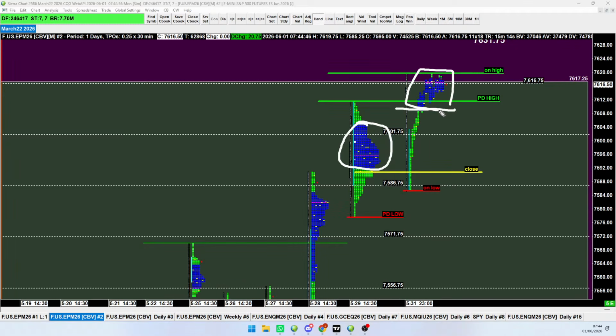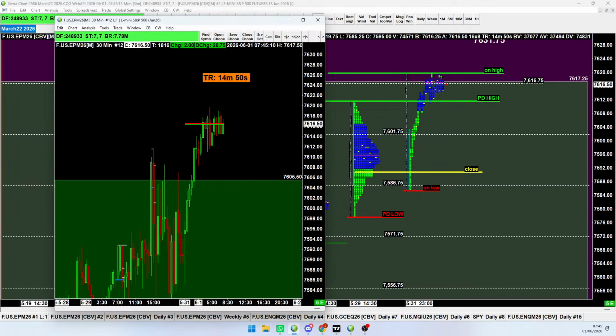And what we're doing now is waiting or looking for some kind of a pullback. If you run any kind of charting software, you'll look at the half-hour candles and you'll see it's completely, in the old days we would say, boxed.